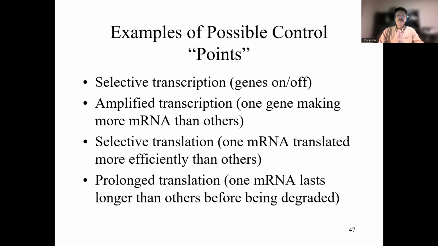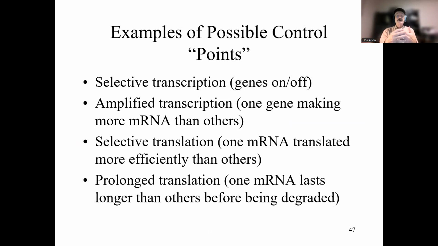Now, as we look back on the different stages of the process, you can think of different points at which control could be exerted. For example, you could simply go to the transcription of mRNA and selectively turn some genes on and some genes off. Or you could amplify transcription, say, let's make one gene more active than other ones, and so make more messengers of a particular gene than other ones.